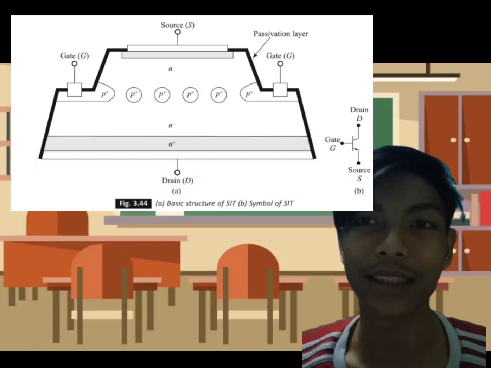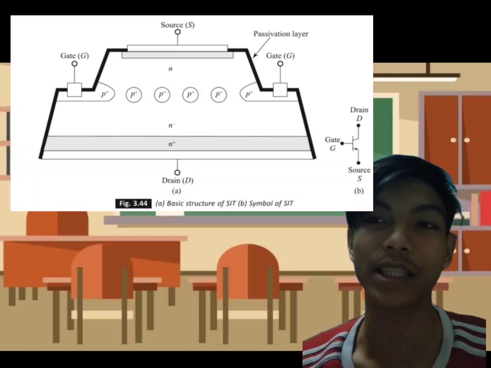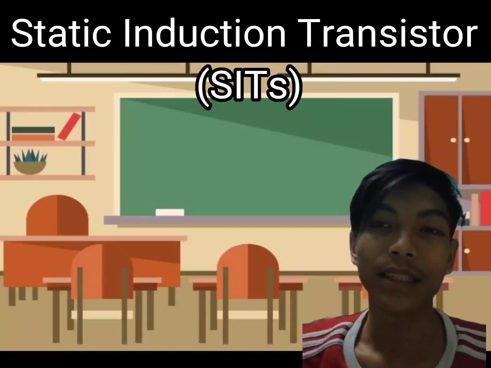Okay, the static induction transistor, which is SIT, is a vertically oriented device that contains three terminals. When compared with field effect transistor, static induction transistor provides higher voltage breakdown.